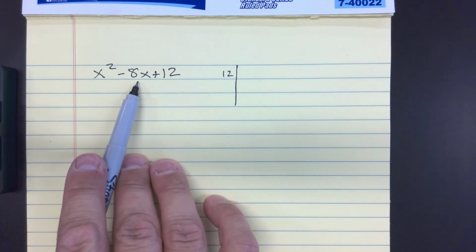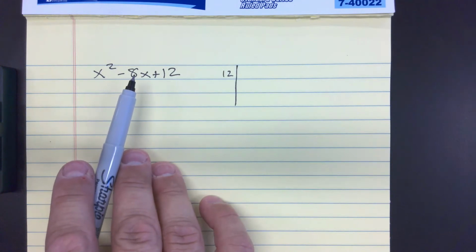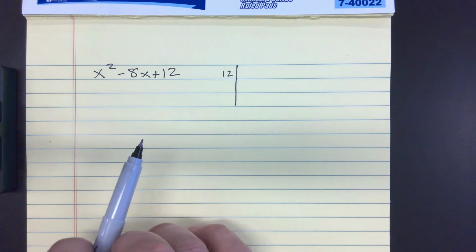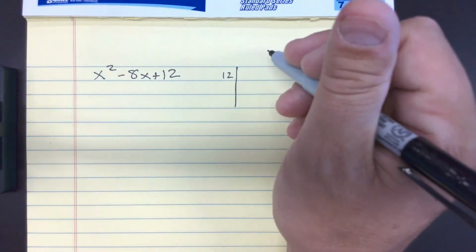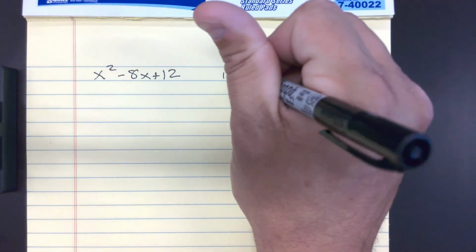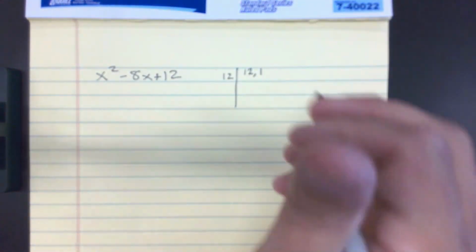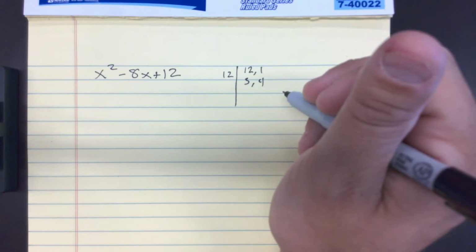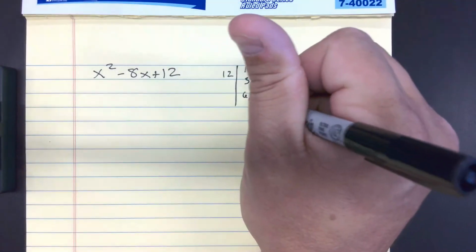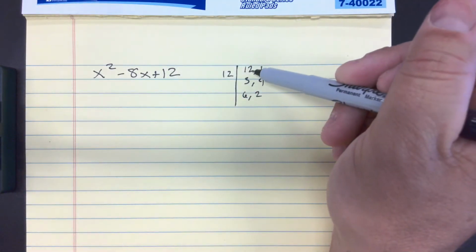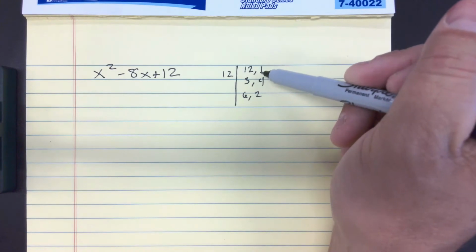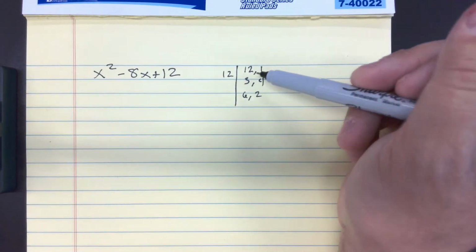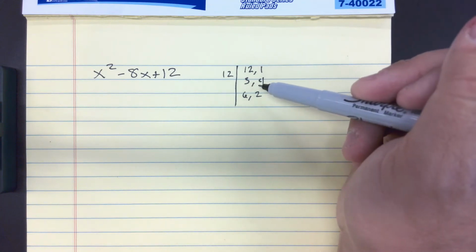Now I'm going to show you how I do it. Watch. Negative number. What are the numbers that multiply together to be 12? 3 and 4, 12 and 1. What's another one? 2 and 6. Is there any way that 12 and 1 can get to 8, if one of them is negative? No. Is there any way that 3 and 4 can get to 8?